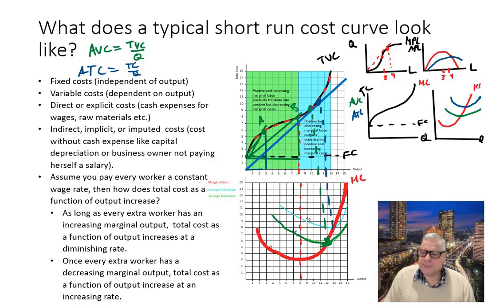That means that my output grows faster than my cost. Only when the workers start exhausting their specialization gains, then the extra cost grows faster than my total output, because the workers become less productive.